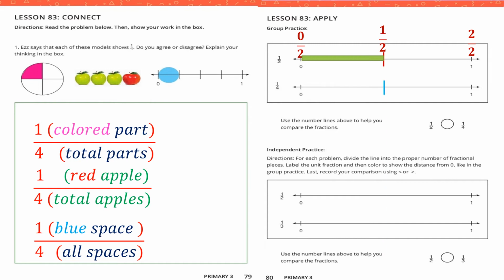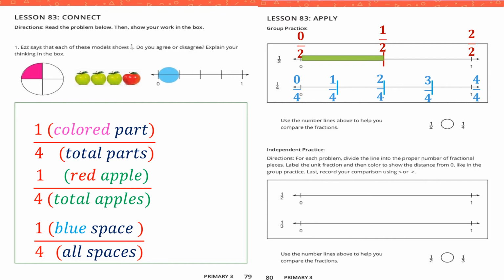Yes, 3 dashes. Like this. Okay? Label each dash by its fraction: 0 over 4, 1 over 4, 2 over 4 in order till 4 over 4.